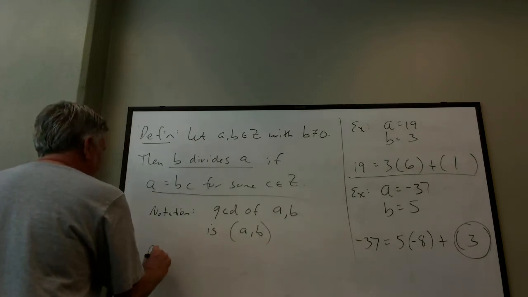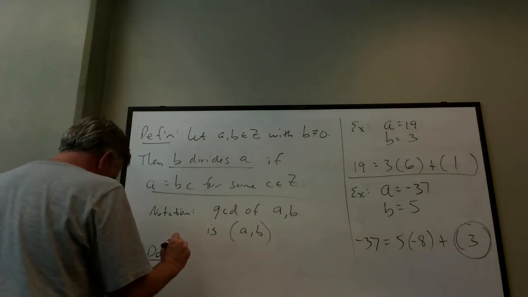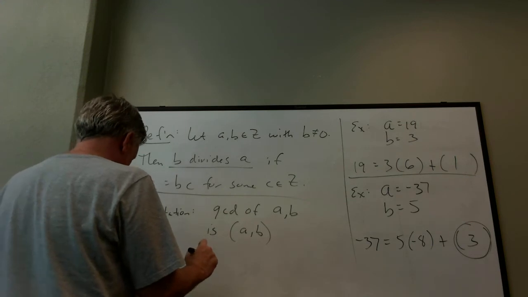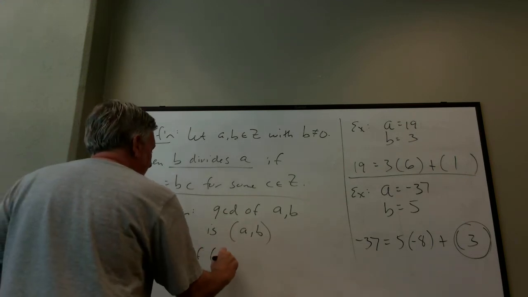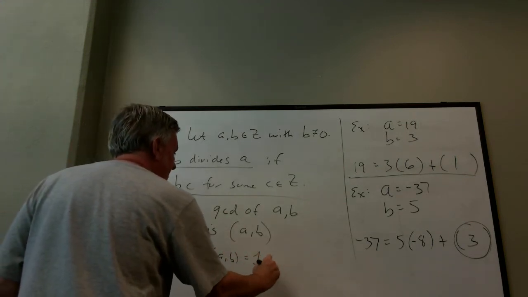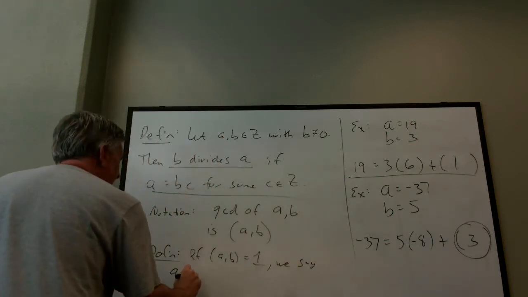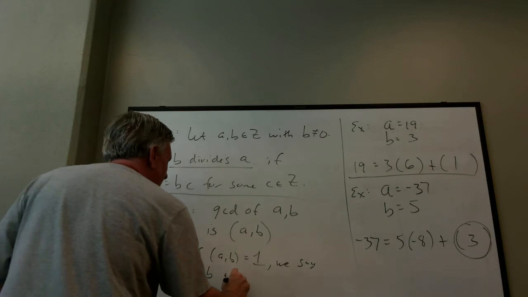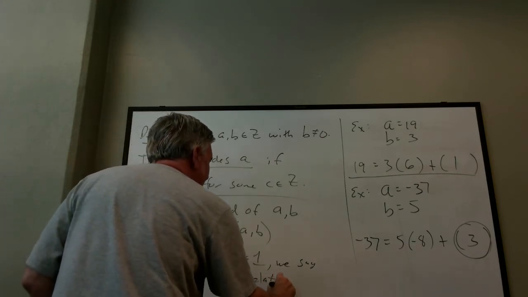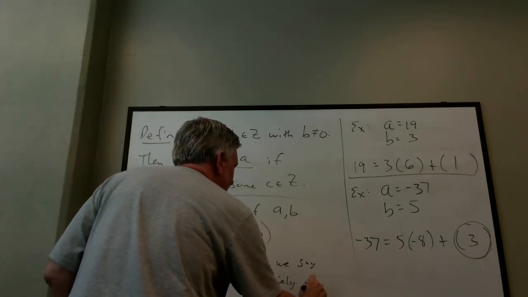Okay, so a definition related to this: if the greatest common divisor of a and b is 1, we say a and b are relatively prime to each other.